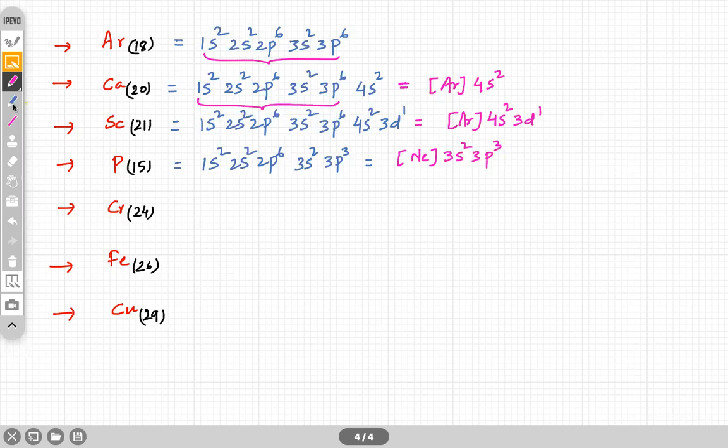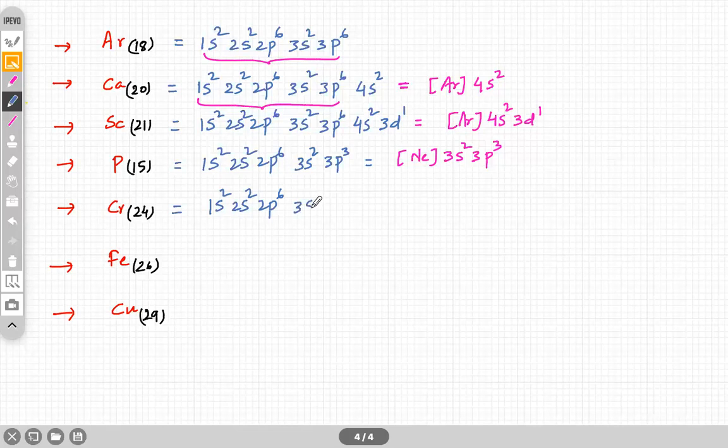Okay. This would be 1s2, 2s2, 2p6, 3s2, 3p6, 4s2, 3d4. Have some patience. I know you are going to object over here. Have some patience.